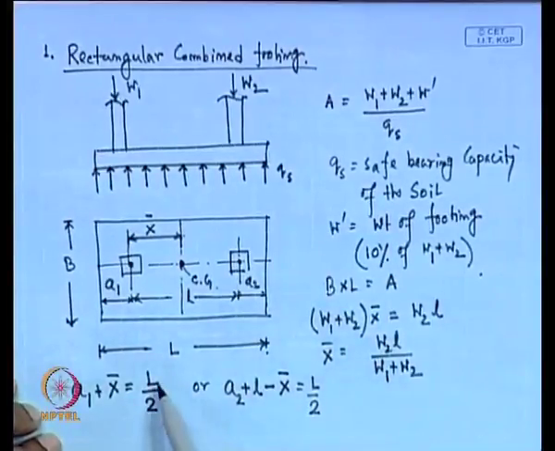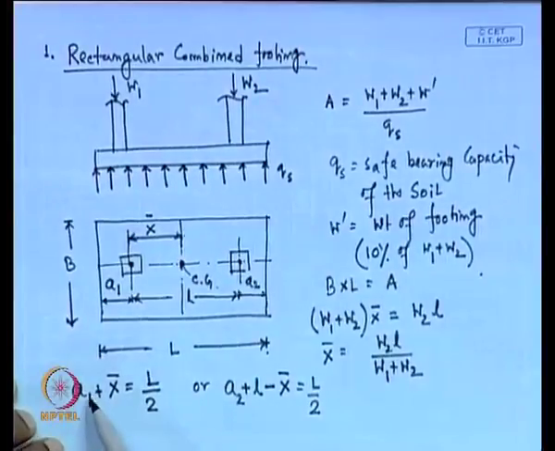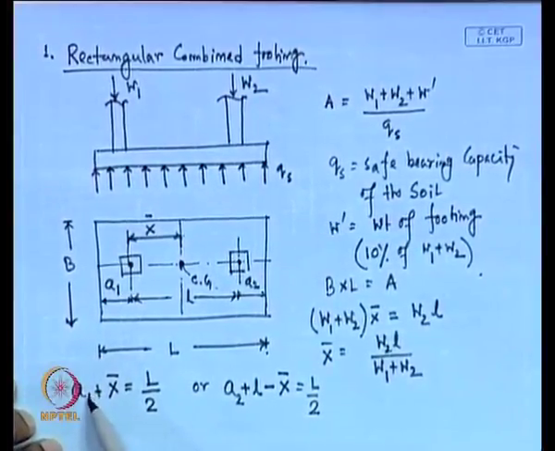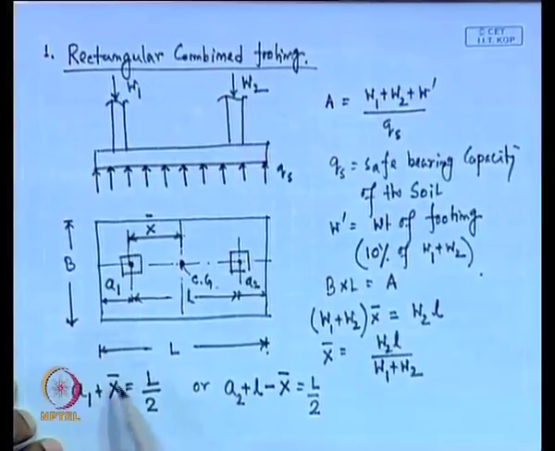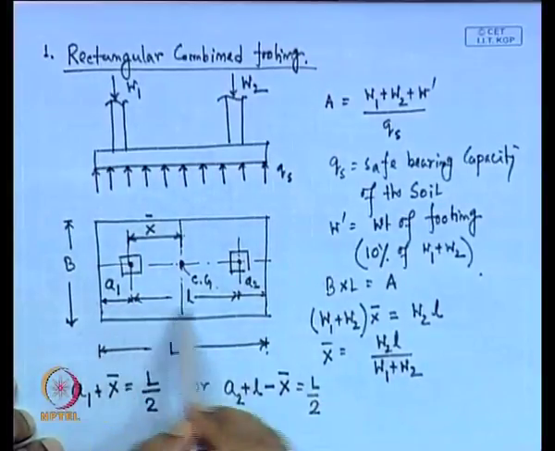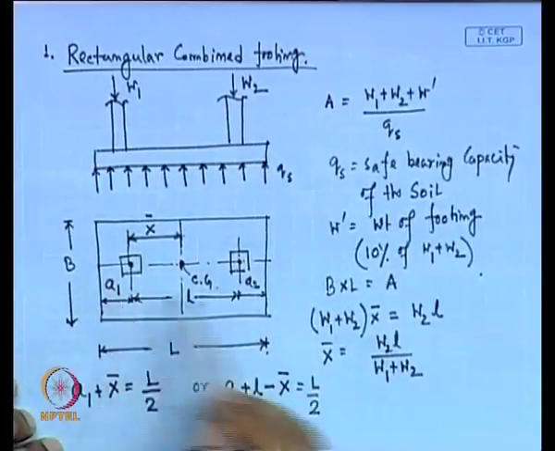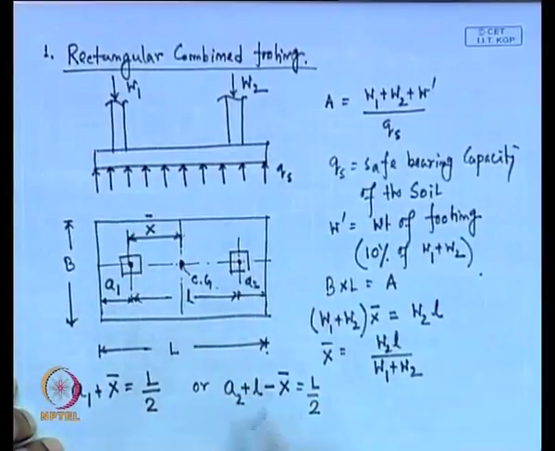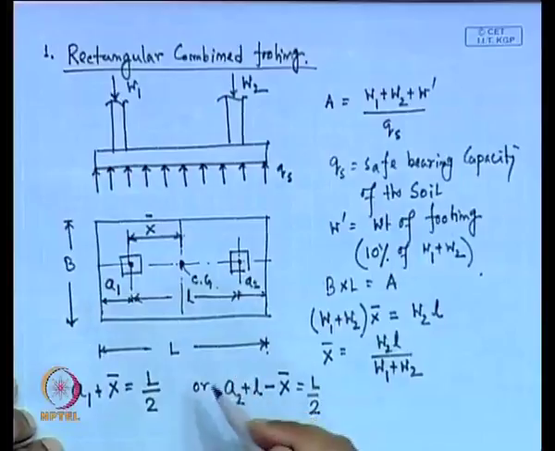Capital L and A1 are both unknown, so if I assume one value of A1, then x bar is known and we can calculate this L value. Similarly, we can calculate the A2 value also. By using these expressions, we can determine the dimensions of the total footing, A1, A2, B and L, according to our design requirement.